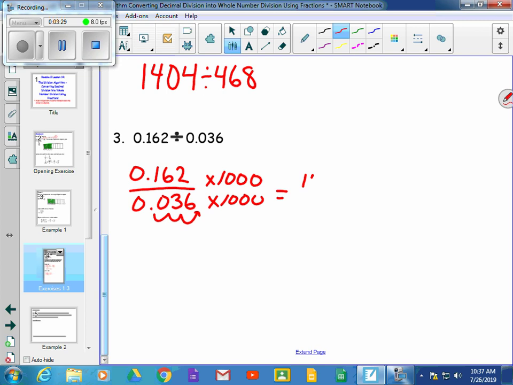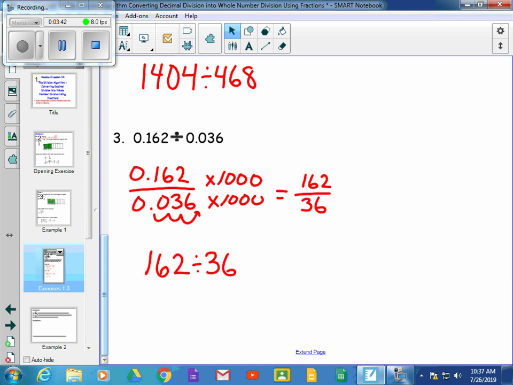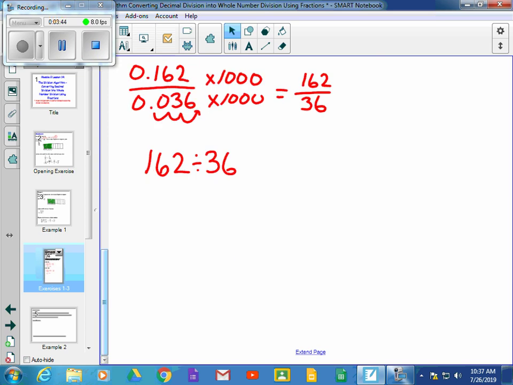That gives me a new problem of 162 over 36, which means 162 divided by 36. We can divide that out using our algorithm and get the same exact answer as our original problem.